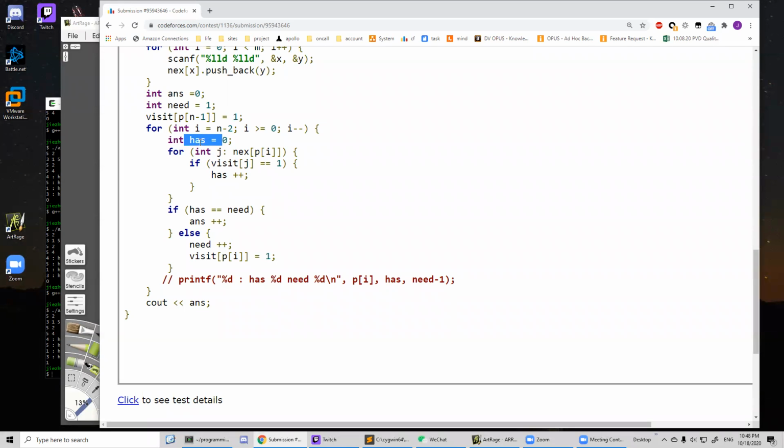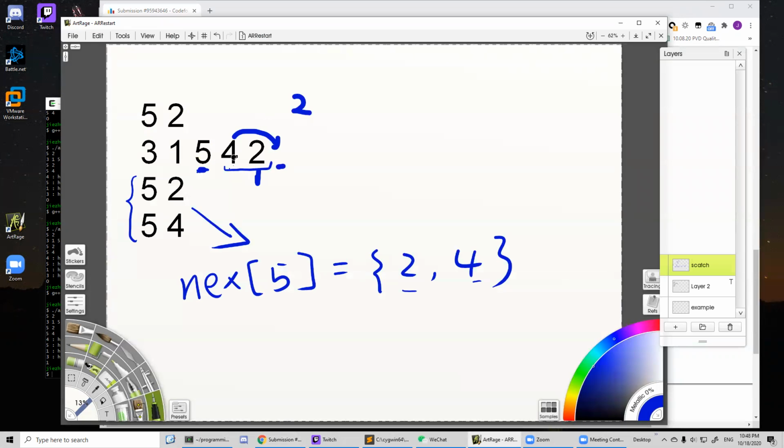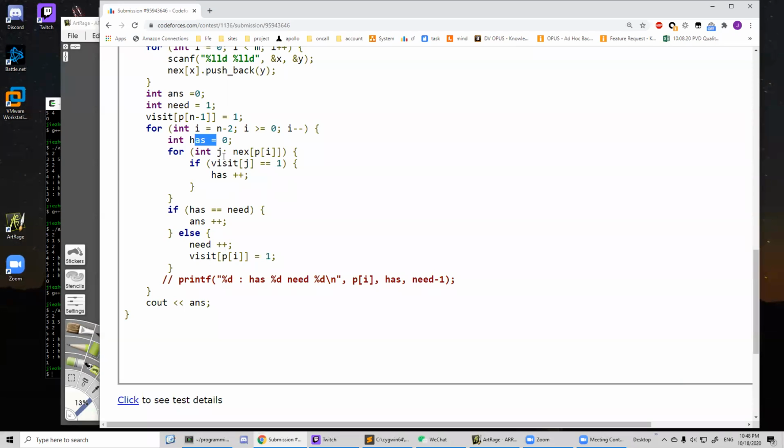And hash here is the counter of the current pairs, right?